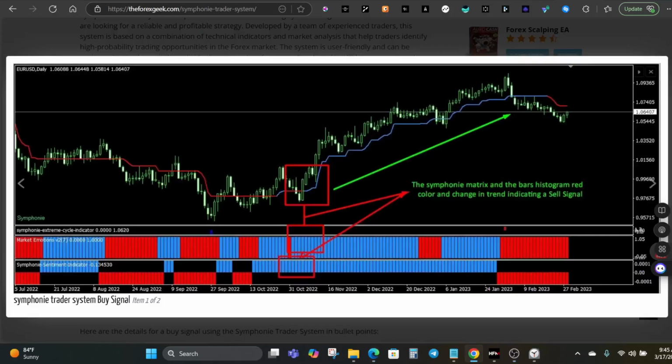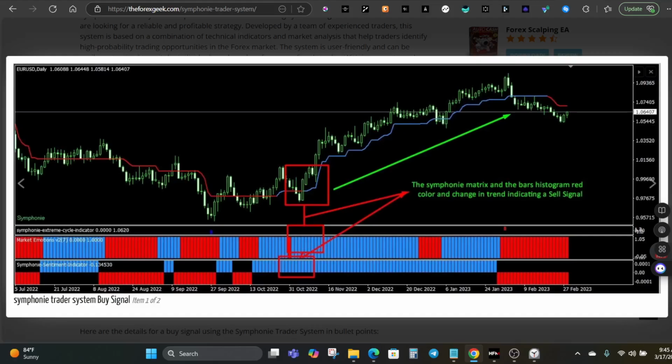So let us quickly talk about how to use this system. In order to get the system on your chart, you should look for the Symphonie Trader System template or the indicators.